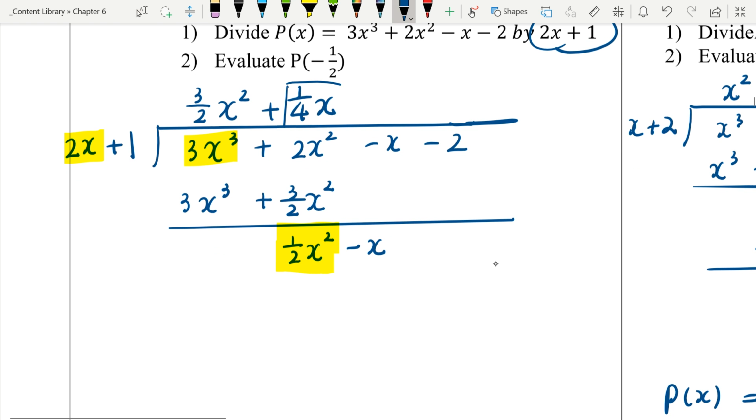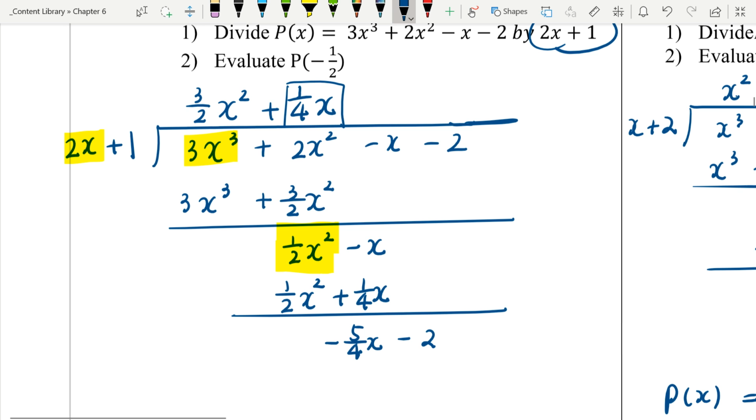Quarter x times 2x plus 1, we have half x squared plus a quarter x. What's minus x minus a quarter x? Negative 5 over 4 x. So it's 1 plus a quarter. And get the next one now. So it's minus 2.